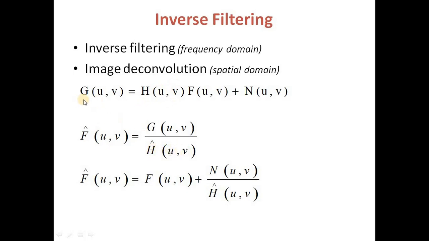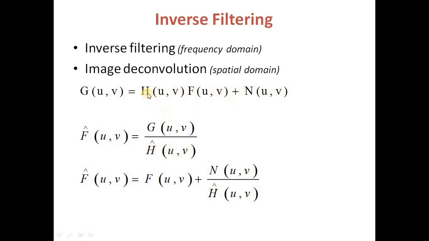Once you have that estimate, we can try to get an estimate of the original image, or the restored image, as this G of u comma v divided by the estimate of the degradation function, that is, divided by H cap of u comma v.